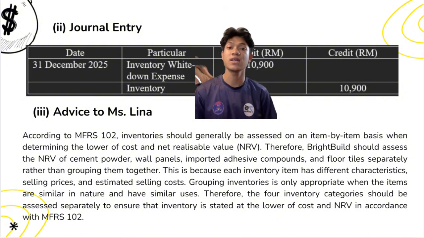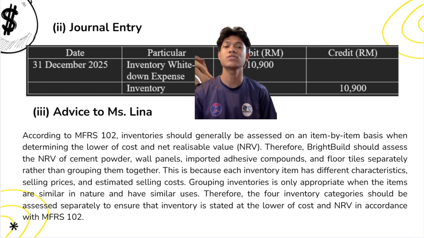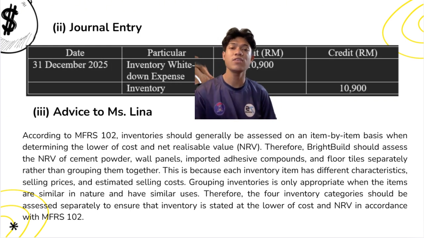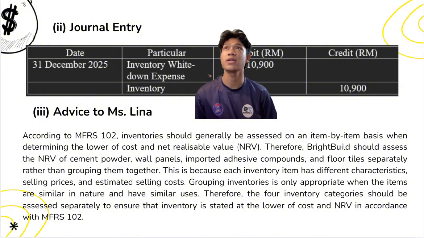On 31st December 2025, Brightwood records an inventory write-down of RM 10,900 by debiting inventory write-down expense and crediting inventory. This is because the NRV of the inventory is lower than its cost. According to MFRS 102, inventories should be assessed on an item-by-item basis when determining the lower of cost and NRV.